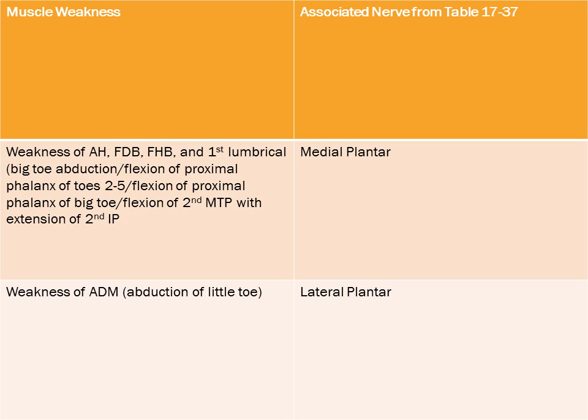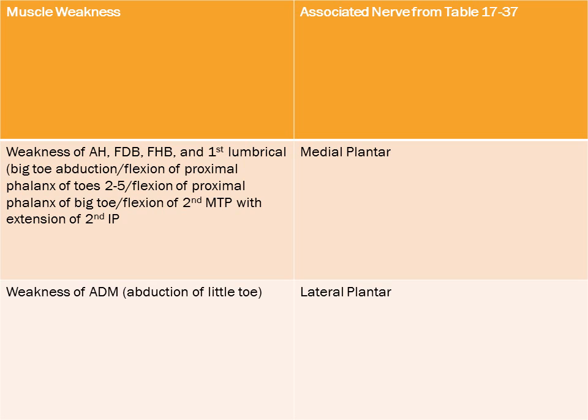The flexor hallucis brevis is involved with flexion of the proximal phalanx of the big toe. And the first lumbrical is involved with flexion of the second metatarsophalangeal joint with extension of the second toe interphalangeal joint.